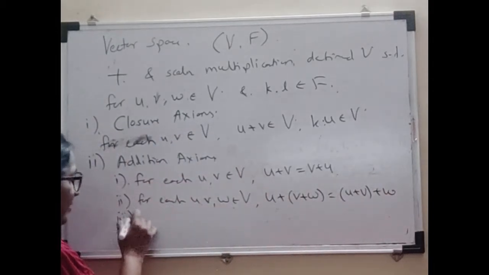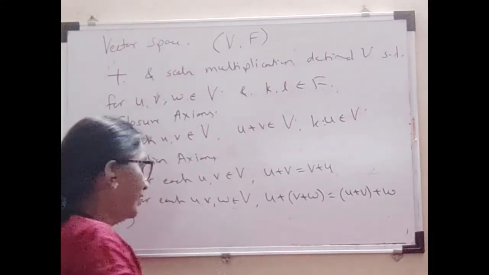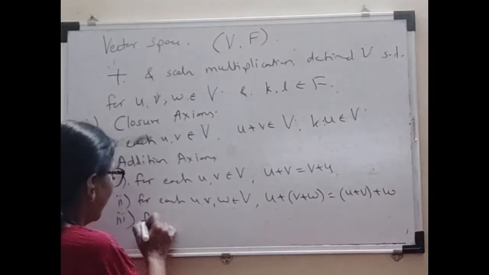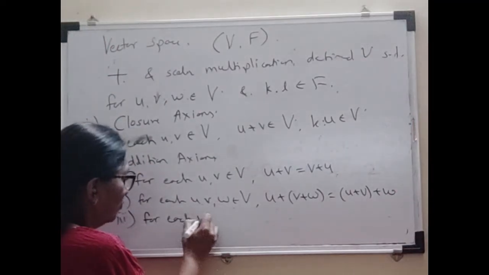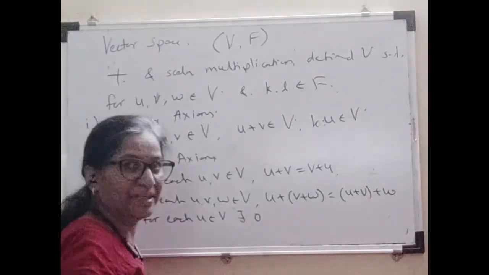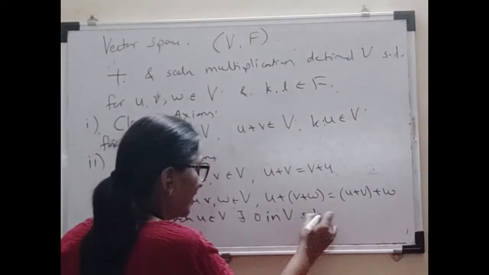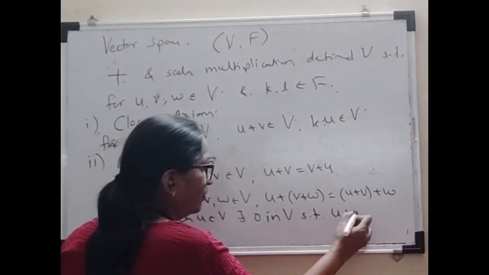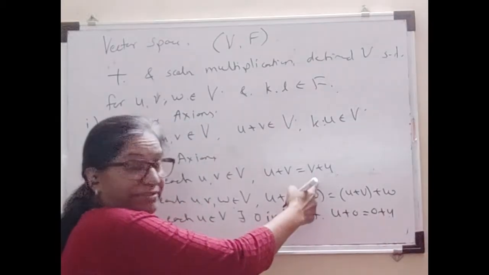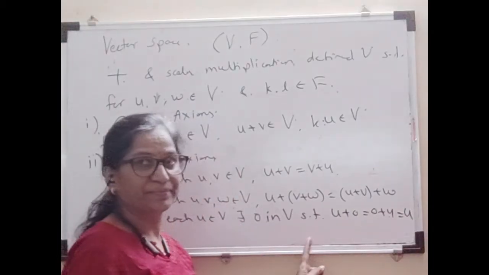Then the third one: there should exist an additive identity, also called the zero vector. So for each u belongs to V, there should exist a zero vector, which I may denote by 0, in V such that u plus 0 is equal to 0 plus u, because of the commutative property, and that should be equal to u itself.